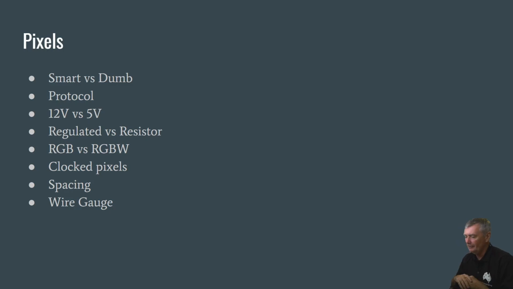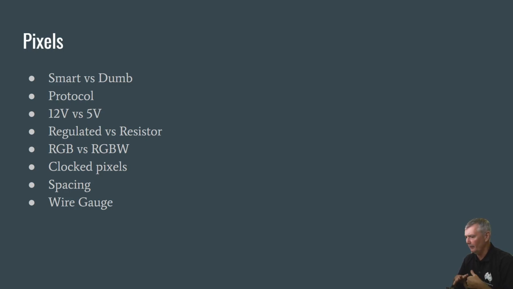To be honest, it is much of a muchness. You'll get slightly better color for further using regulated pixels than you will with resistive pixels. I think it's fair to say that the bulk of the negative experiences that people have had with the failure of pixels, regulated pixels, seem to be a bigger problem space there. I don't think it's inherent to the fact that they're regulated. They are slightly more complex.